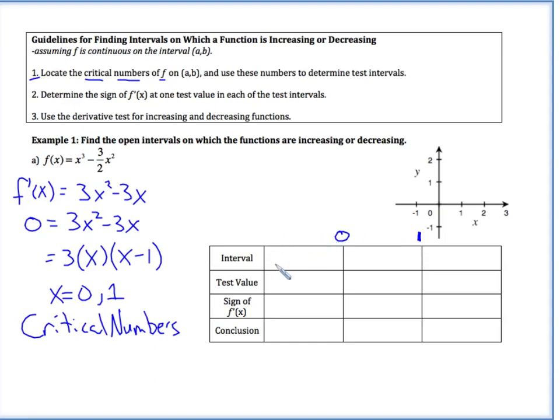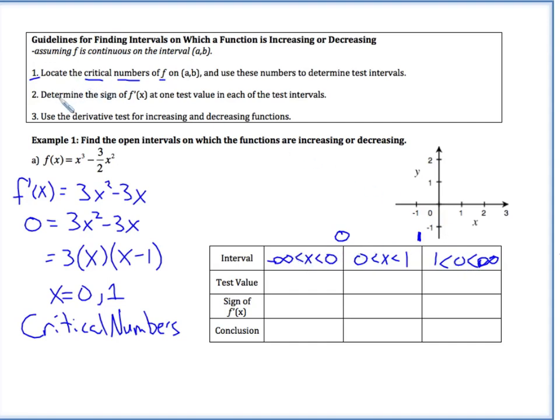So basically, to the left of this, we're going to be looking from negative infinity all the way up to 0. Here we're going to be between 0 and 1. And here, from 1 to infinity. Okay, so now we have our testing intervals.